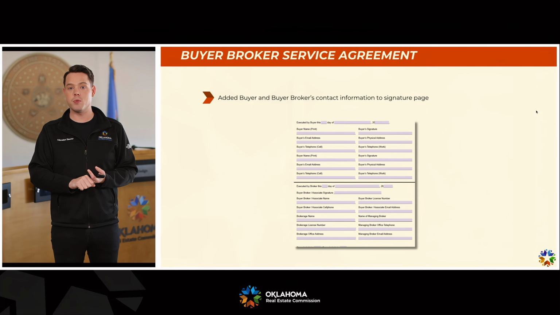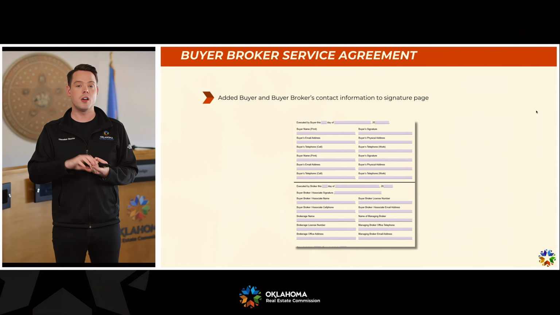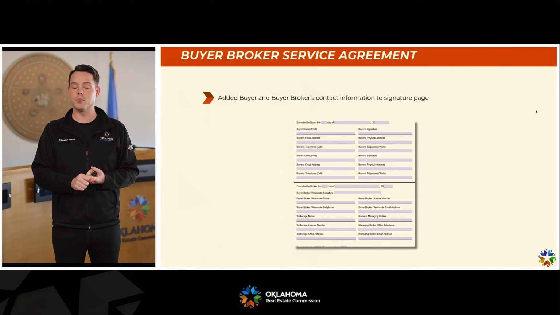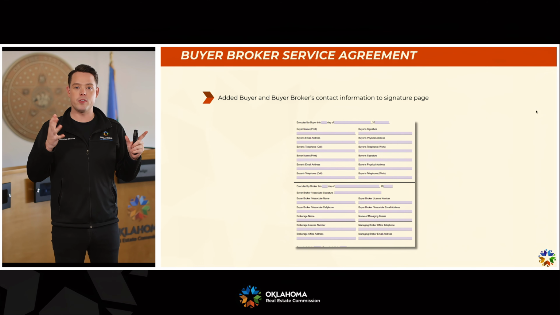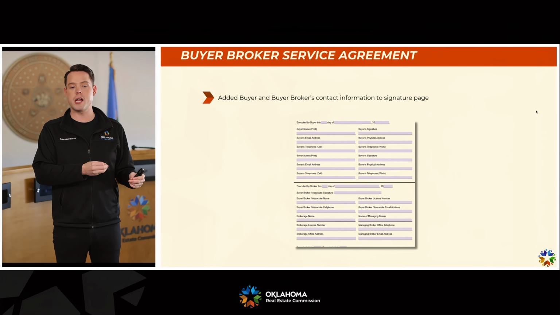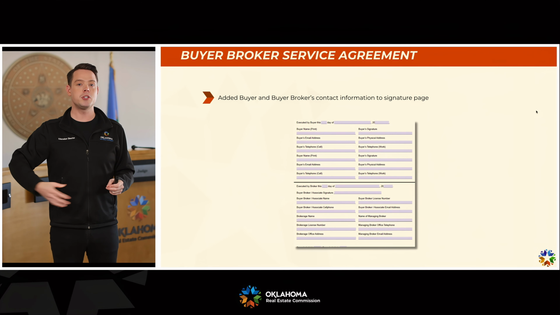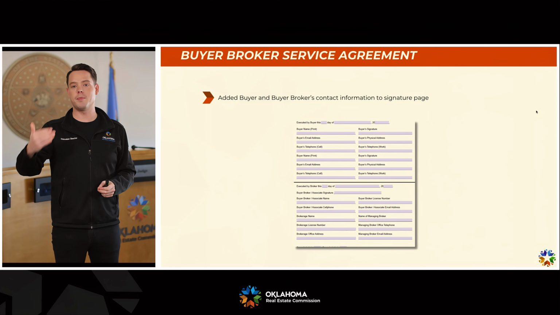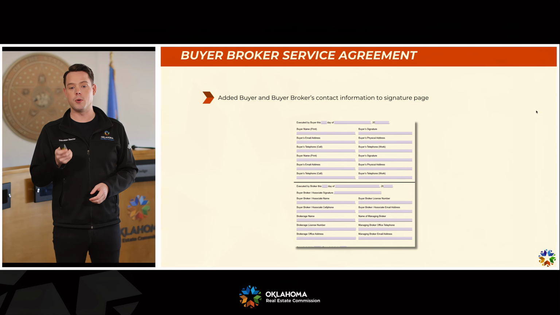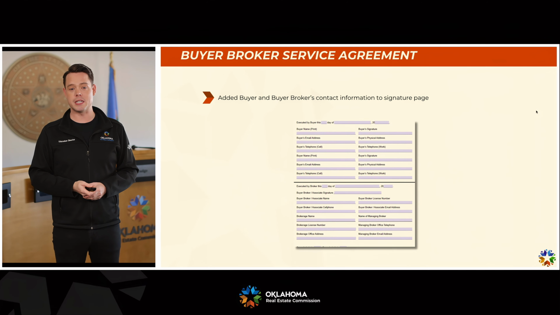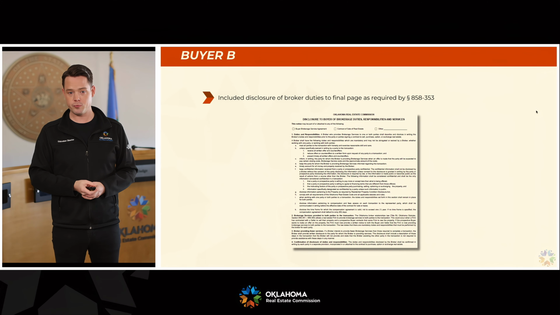The title company may want a copy of this. Of course, this needs to be on file with your broker, but understand that if you're not a party to this contract, it should not be shared. So you're not giving this buyer broker agreement to listing agents, for example. So make sure that you understand that as well.